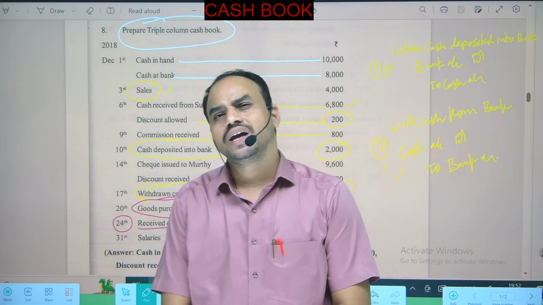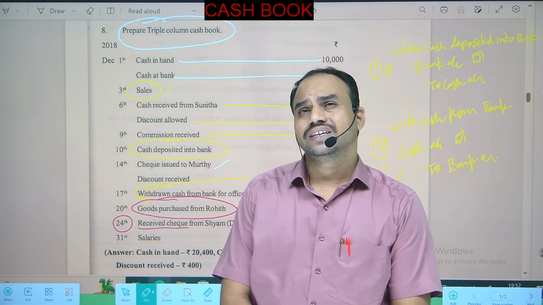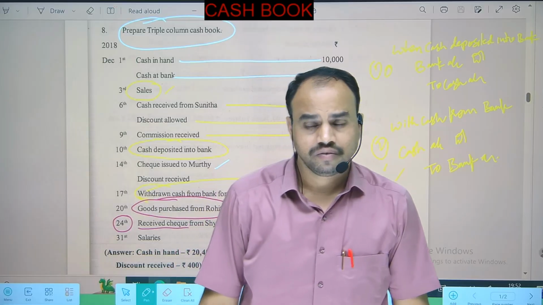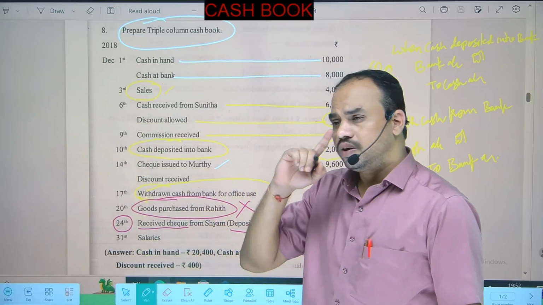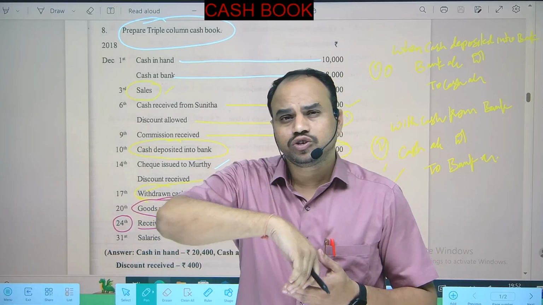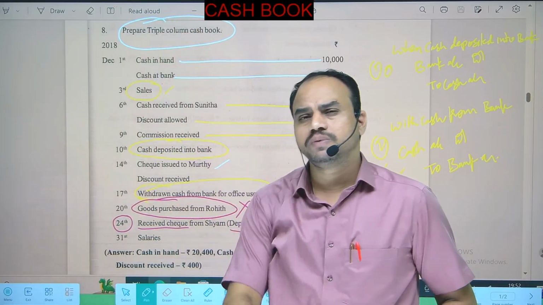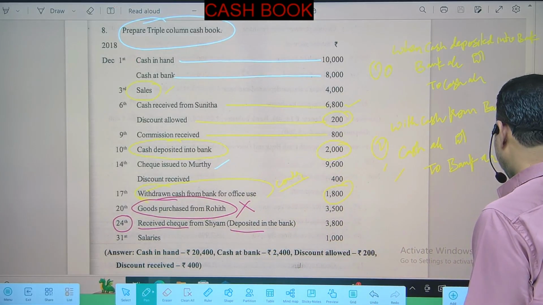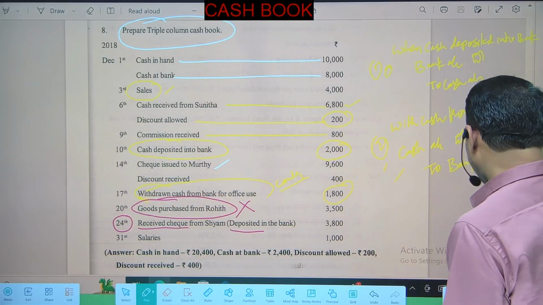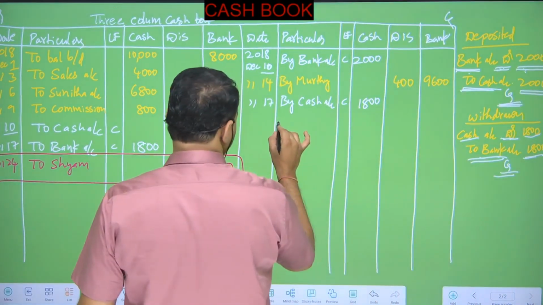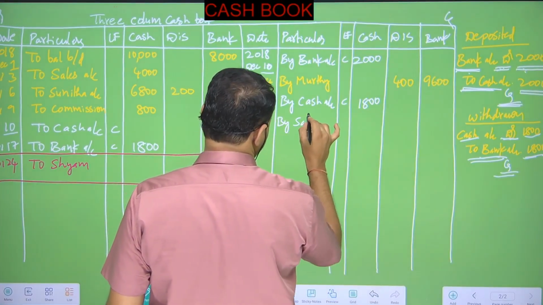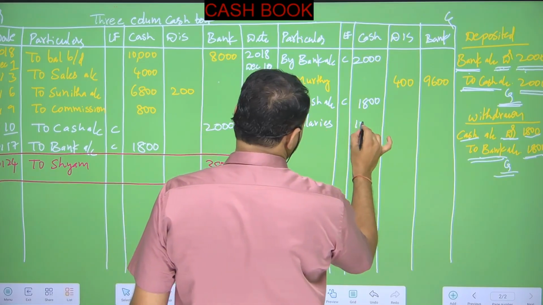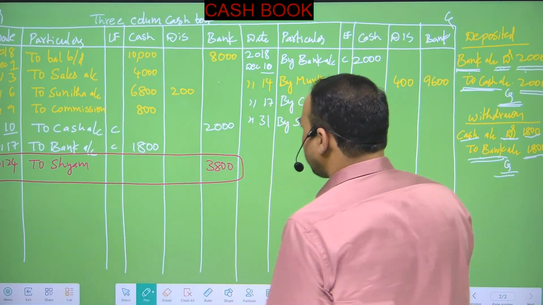Some people think my father is receiving salary, so cash is coming into business, so I will write on the debit side. That is wrong. Why? Because always think from the business point of view. The business is paying salaries to its employees, so cash is going out of the business, so we have to write on the credit side, not the debit side. So on the credit side write by salaries, date 31, amount 1000.